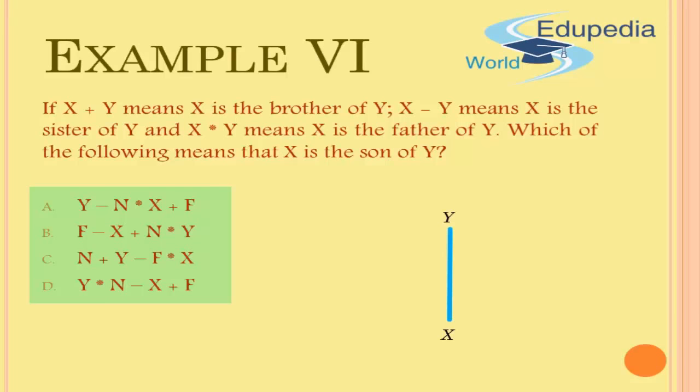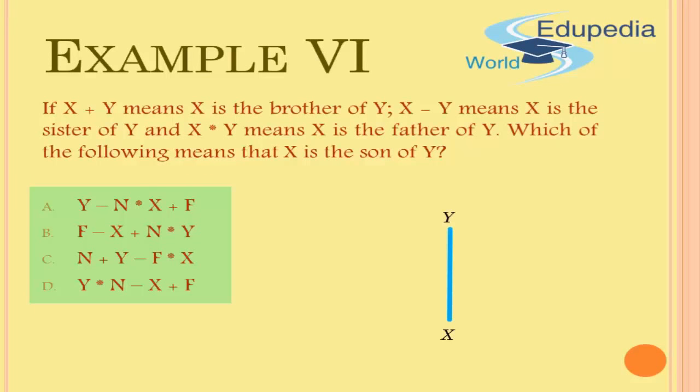So x is one generation below n, hence one generation below y. But in this case, n is the father of x and y is the sister of n. So x is not y's child. X is n's child and y is the sister of x's father. So y is x's aunt. So that option is incorrect.